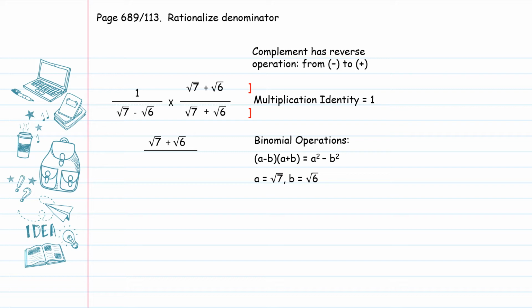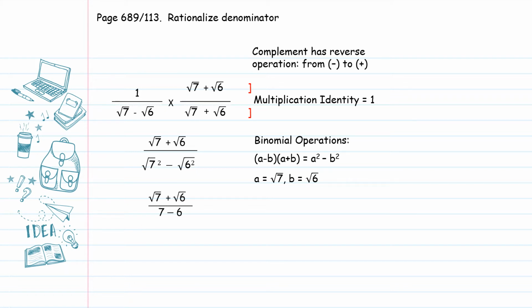We note that a is radical 7 and b is radical 6. So the denominator becomes the square root of 7 squared minus the square root of 6 squared. We can use this same concept again right here to evaluate the square root of 7 squared and the square root of 6 squared.